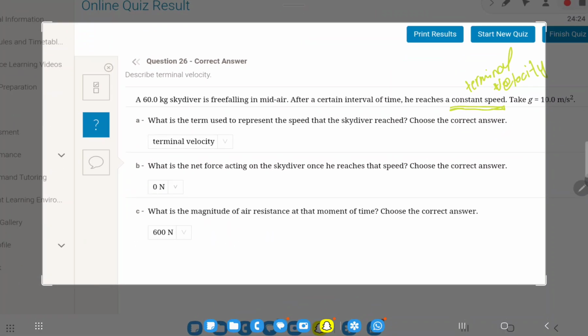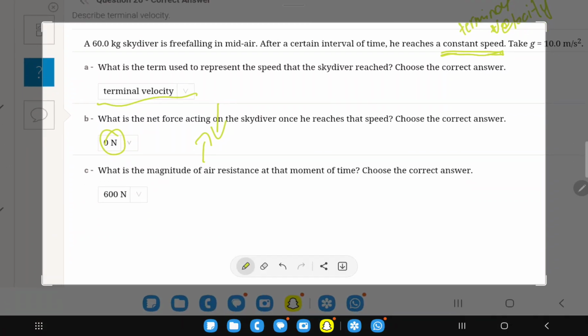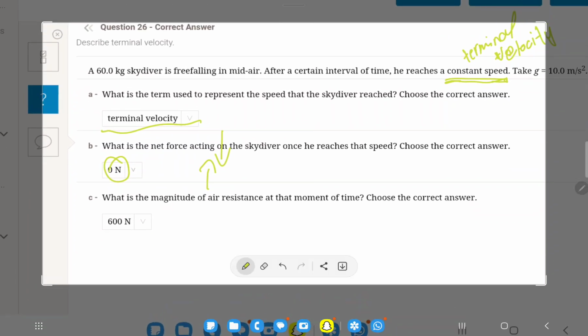And then they want to know what is the net force acting on the skydiver once he reaches that speed. We also said whenever it's terminal velocity, the net force acting on the object is zero. The air resistance cancels out the weight of the body. What is the magnitude of air resistance at that moment of time?